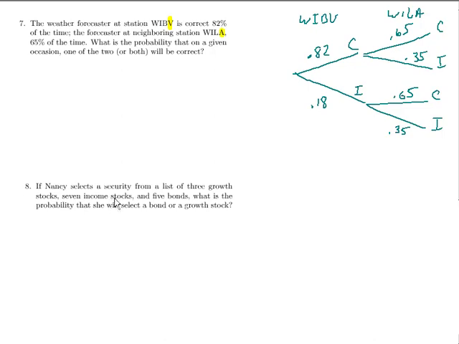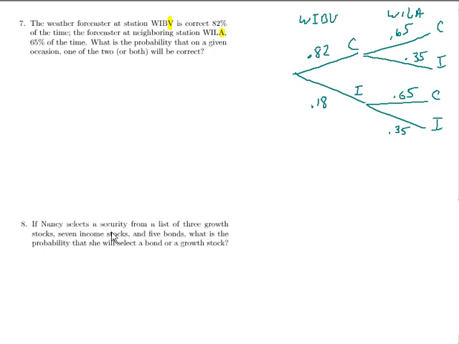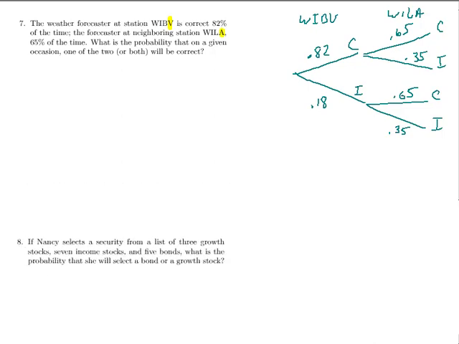Now we're assuming independence on here. In other words, we're saying that the first person being correct is not going to affect the chances of the other person. And we want to know what is the probability on a given occasion that one of the two or both of them will be correct. So if we look at our tree, one of the two or both, we want every branch that has a C on it.